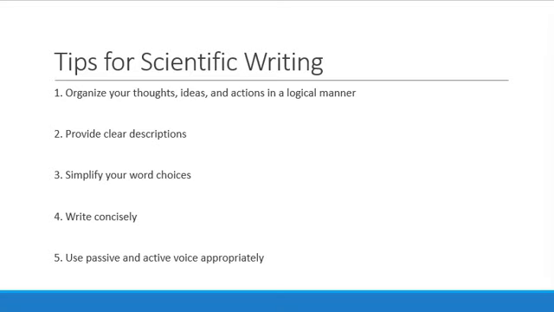Next, simplify your word choices. Utilize clear, straightforward language to ensure that people can comprehend and engage in your topic. Write concisely. So you want to avoid lengthy or needless descriptions and paragraphs. With scientific writing, you are trying to get to the point.